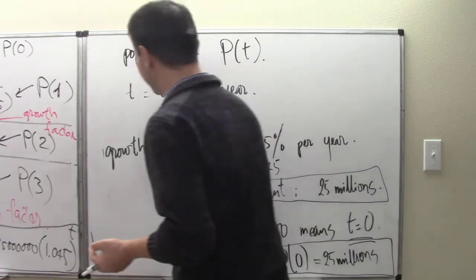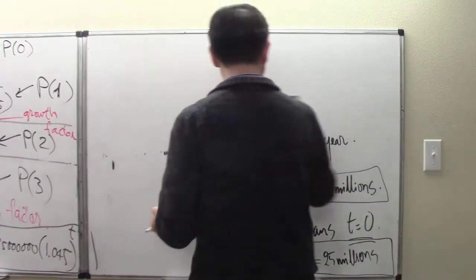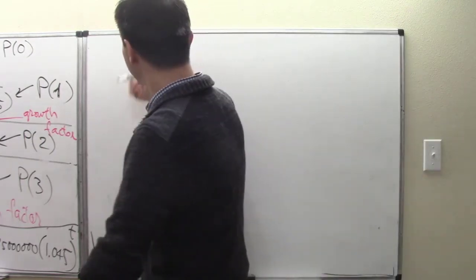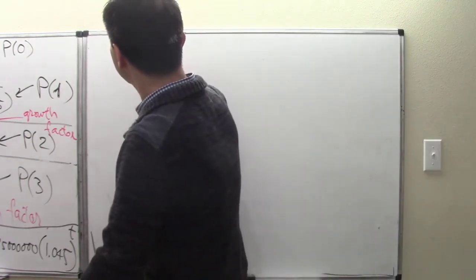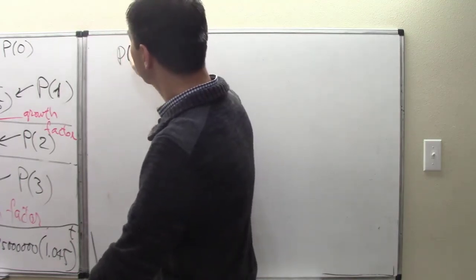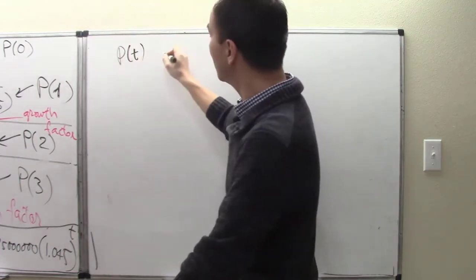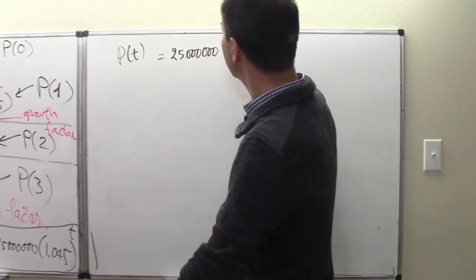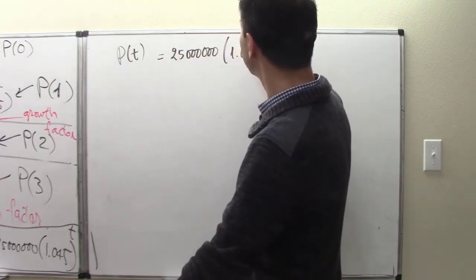So here, for this particular problem, problem 1 right here, we're looking at the population at any time t equals 25 millions times 1.045 to the t.